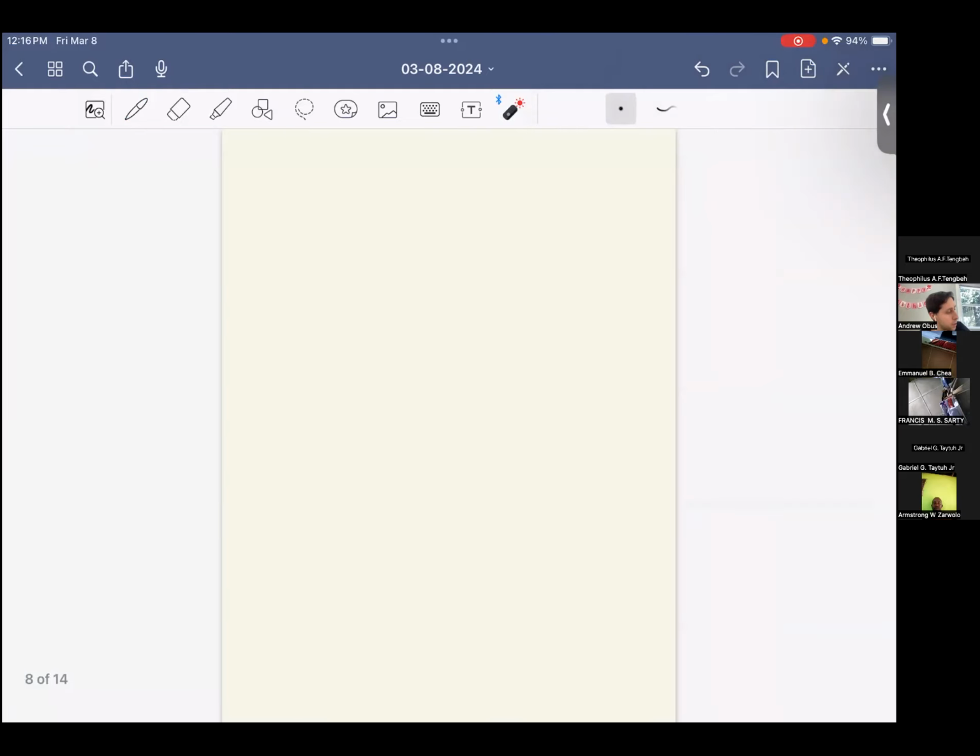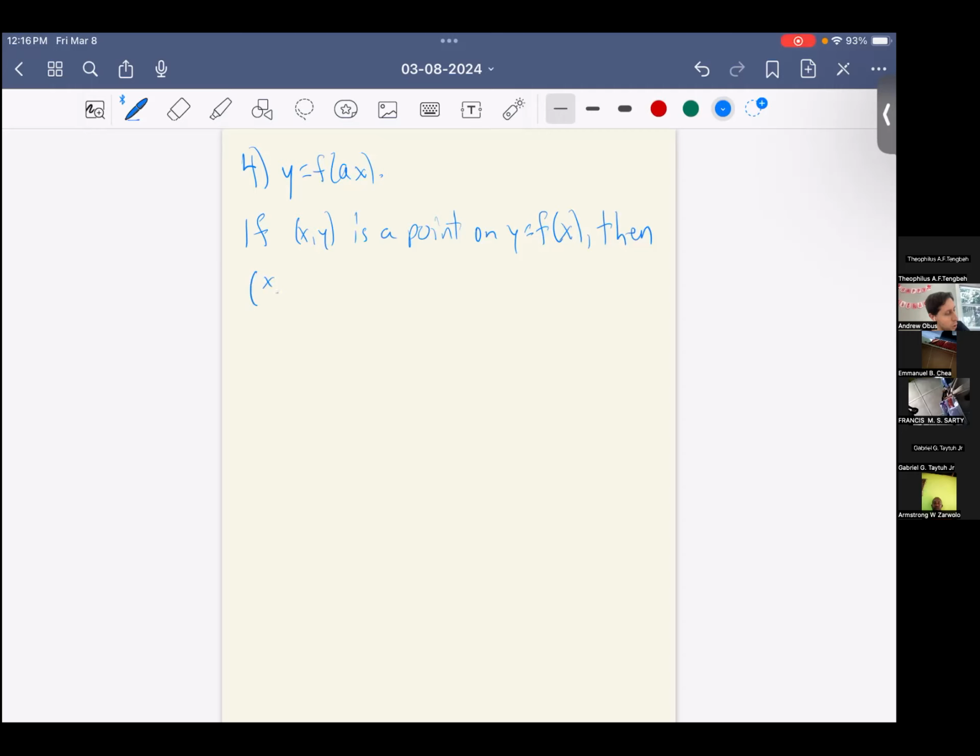So let's just say number 4 here, which recall is y equals f of ax. Well, if x comma y is a point on y equals f of x, then it turns out that x over a comma y is a point on y equals f of ax.